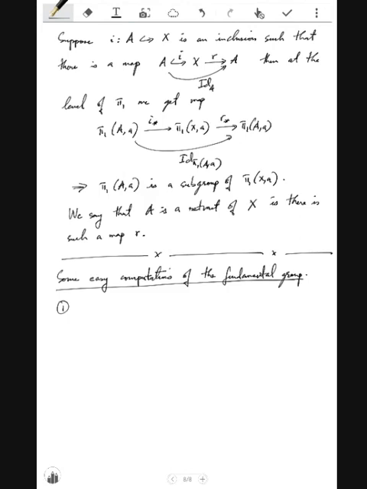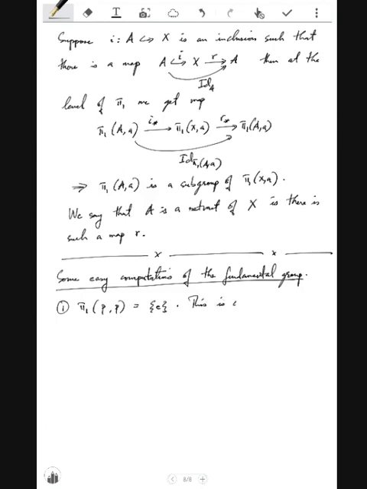So let us first check that pi 1 of a point P is just a trivial group.